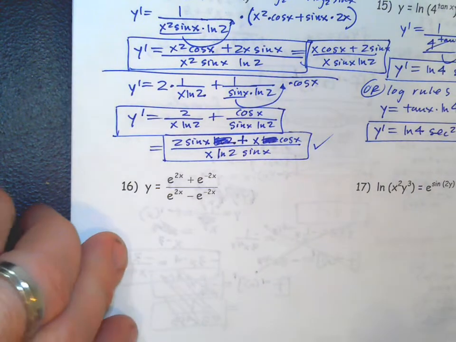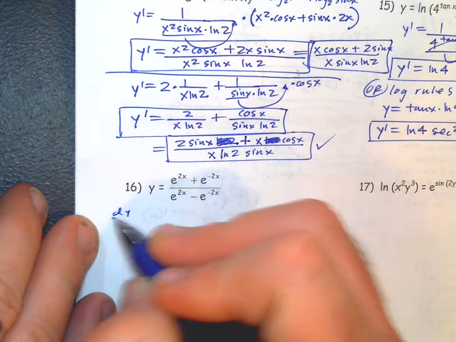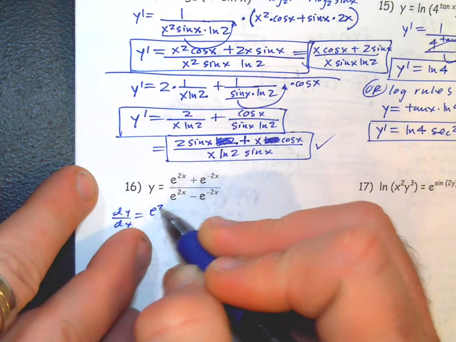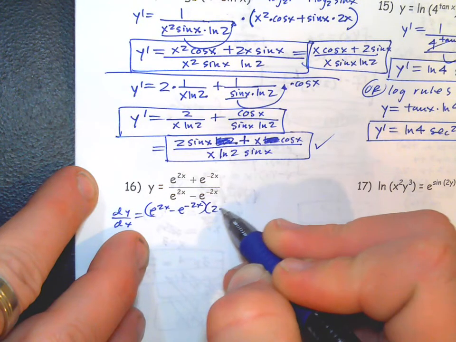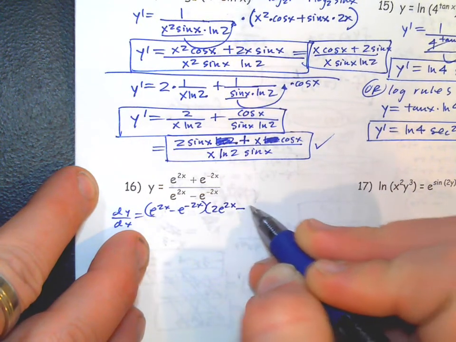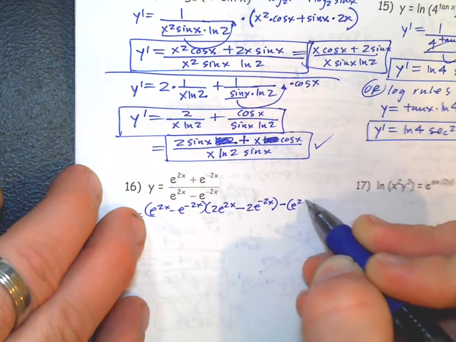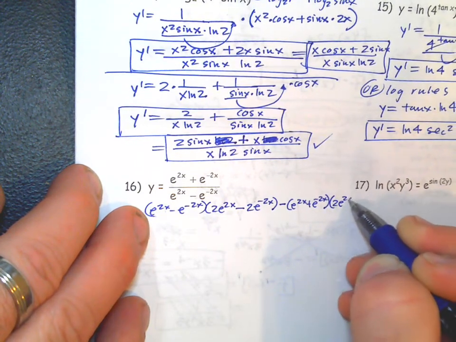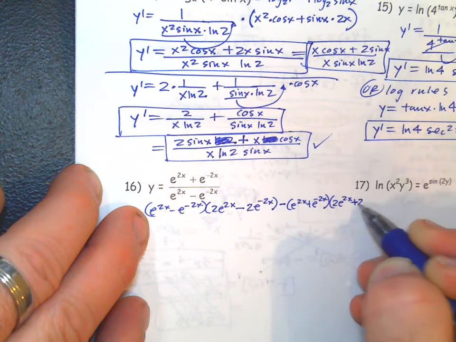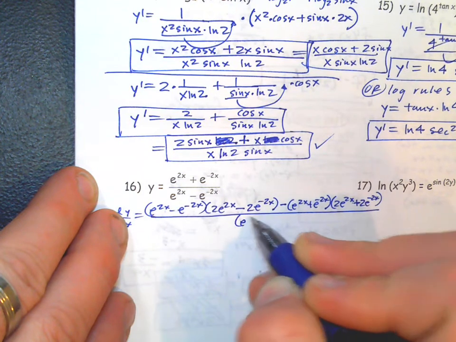All right, number 16. 2 ways to do this. You could tackle it straight on and do the whole quotient rule thing, low d high minus high d low all over low squared.